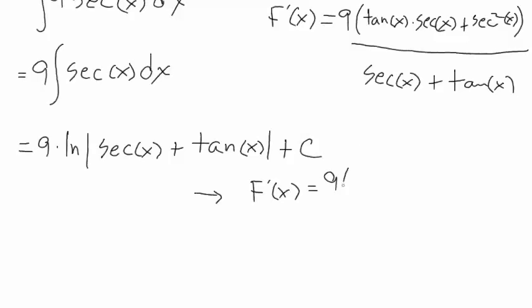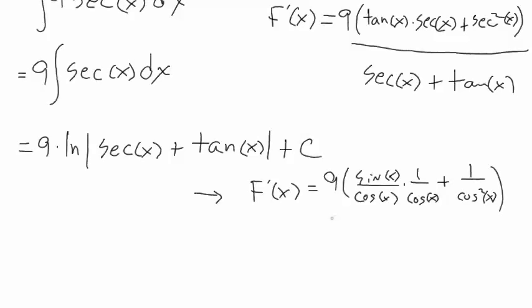So this becomes sine x over cosine x, and then this becomes 1 over cosine x plus 1 over cosine squared x.